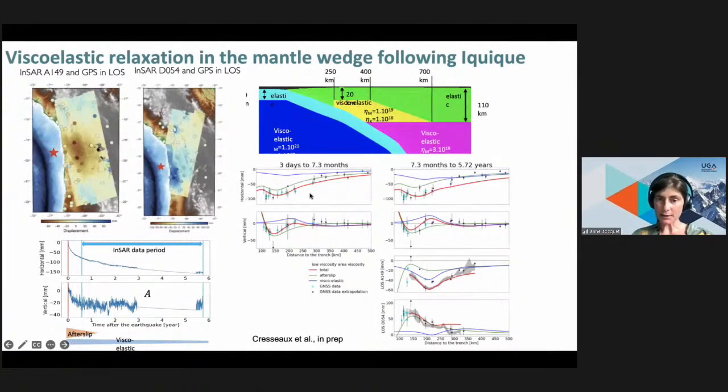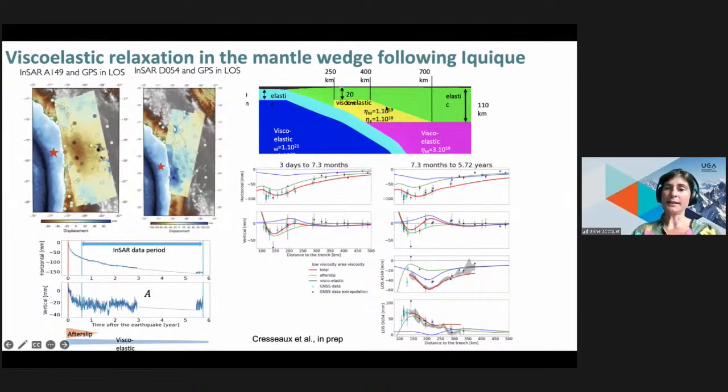Here you can see the effect of only the afterslip, which is the green line, then the effect of the viscoelastic, which is the blue line, and the total deformation, which is the red line. If you don't take the viscoelastic into account, you cannot model properly the deformation, notably in the years that follow the earthquake. Taking into account the viscoelastic is really important. So Mohamed will go back on that.